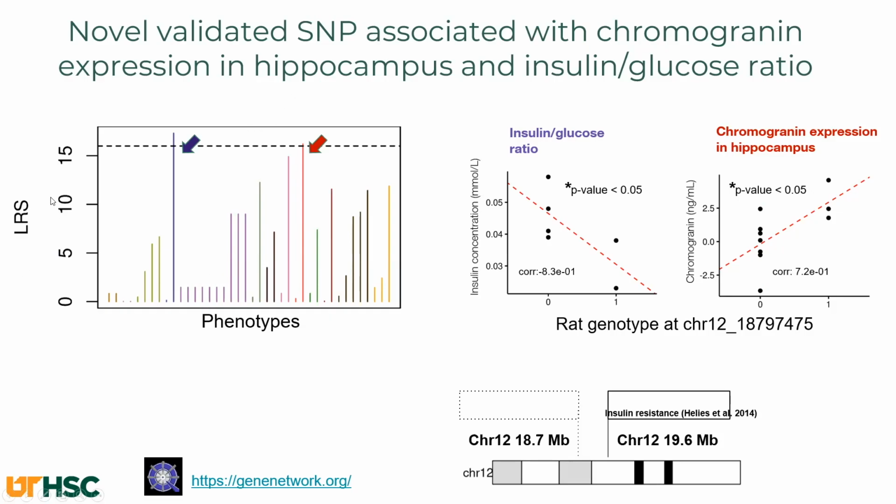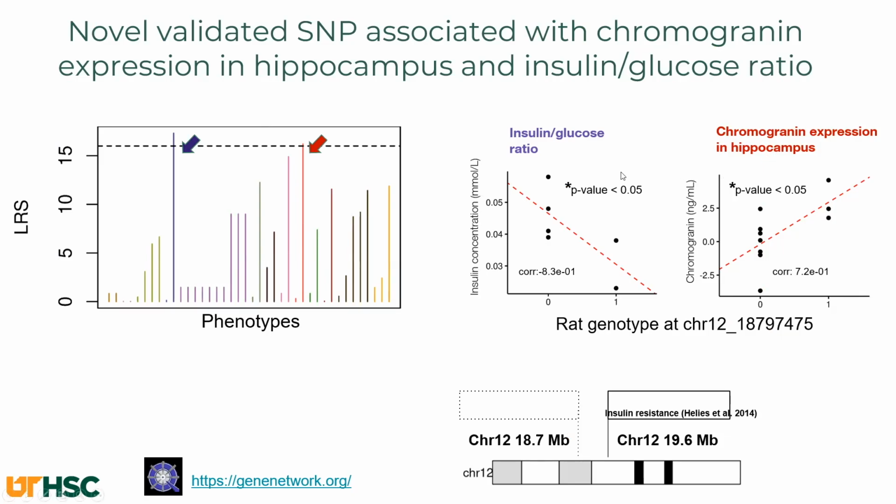This is the phenotypes and this is the LRS. Here, I focus my attention on these two different peaks. The first one is an association with the chromogranin expression in hippocampus. This is a protein that is expressed by endocrine cells, and it is also used as a marker in many tumors.